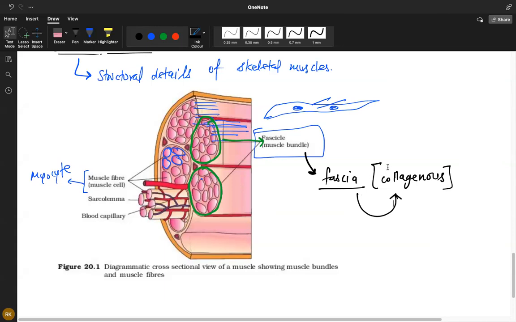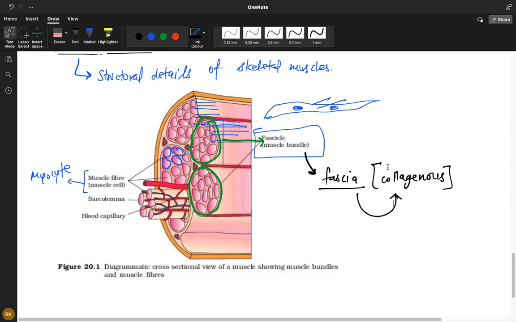Many individual muscle fibers come together and are held together by a covering called fascia, made up of collagen. It's like a collagen tape over these fibers that makes a muscle bundle, and many such bundles then come together to make a whole muscle chunk.